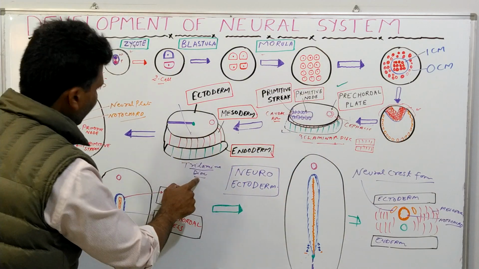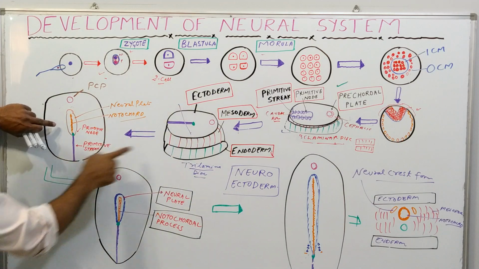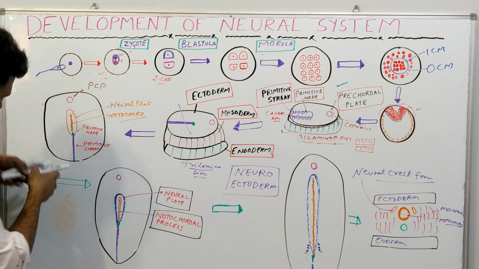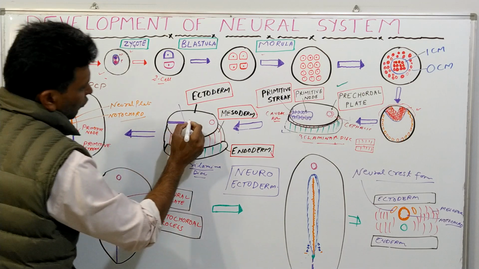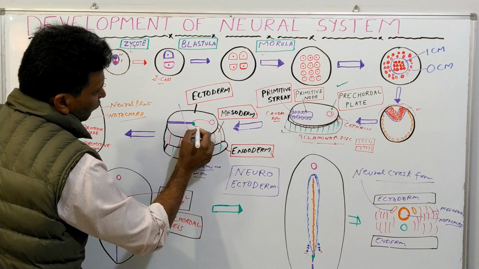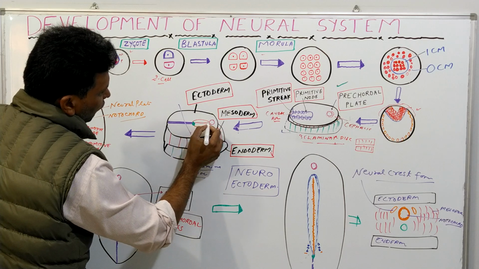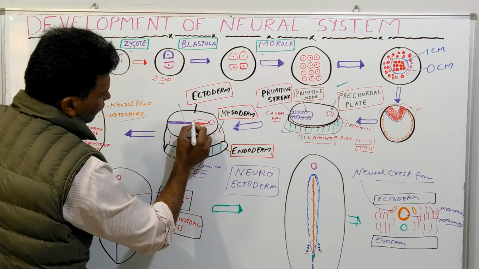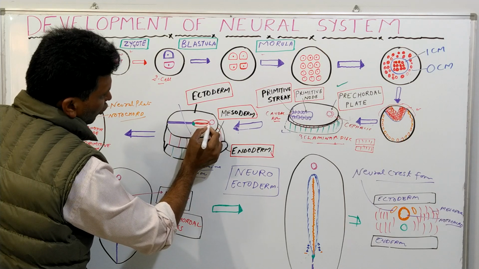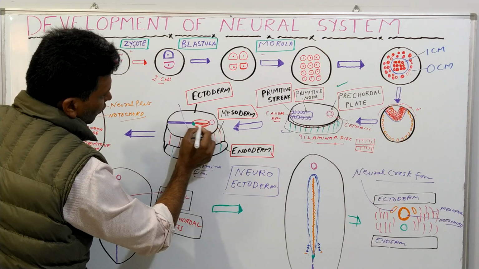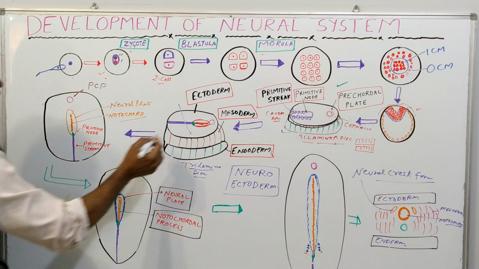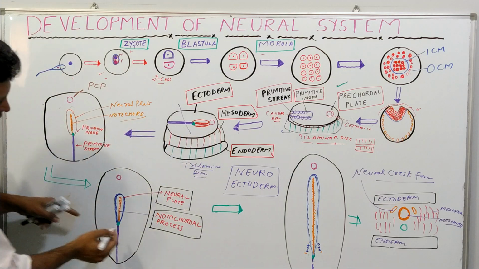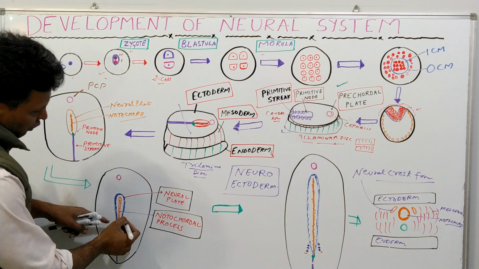Now the trilaminar disc, and after that these cells will move forward like this. When these cells move forward, they take part in the formation of notochord and the formation of neural tube. The notochord will join like this, and this is your notochord process, and these are the neural crest cells.